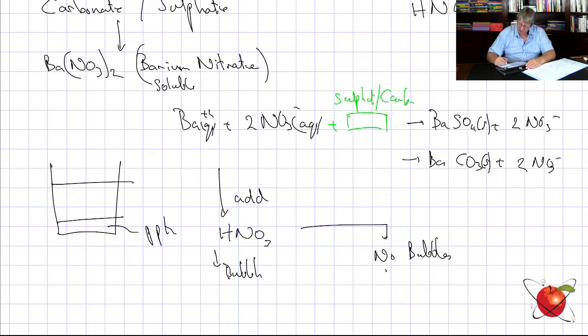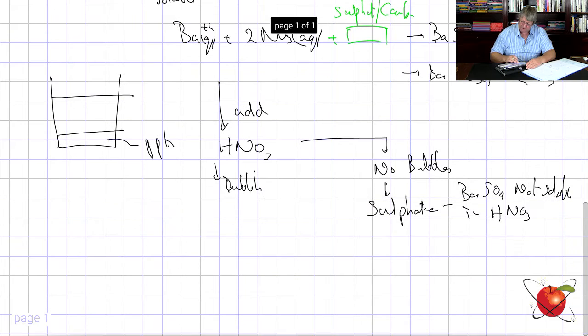If there's no bubbles, then it's a sulfate, because once again, barium sulfate is not soluble in HNO3. But if you get bubbles, it means you've had an acid plus a carbonate.